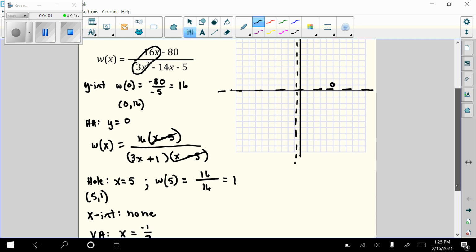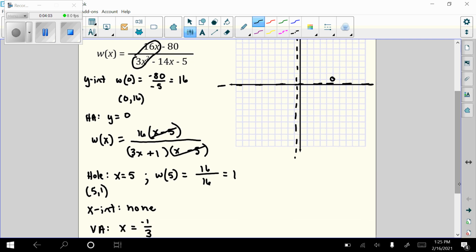The other thing I could do to challenge myself and not use a calculator would be go ahead and put that vertical asymptote into a sign chart. So if I choose a value less than negative 1/3, I can do negative 1 and positive 1, or how about 0?